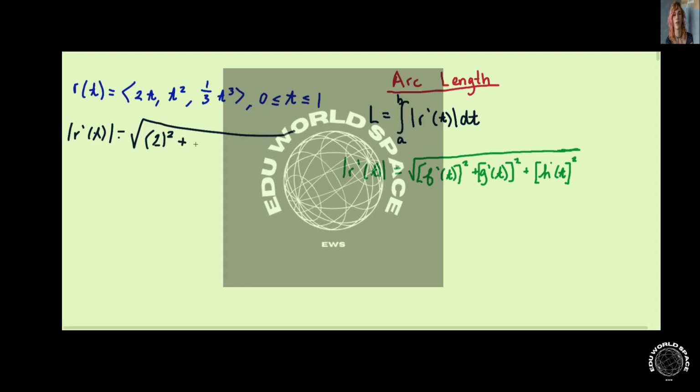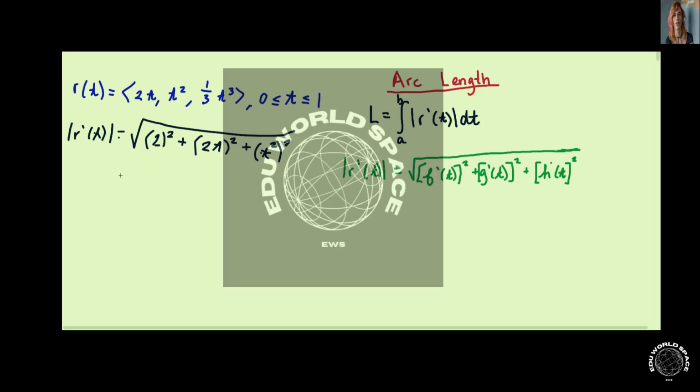The derivative of t squared is 2t, and I just want to square that. And the derivative of 1/3 t cubed, 3 times 1/3 is 1, and subtract 2 is just t squared. So I'll go ahead and square that.